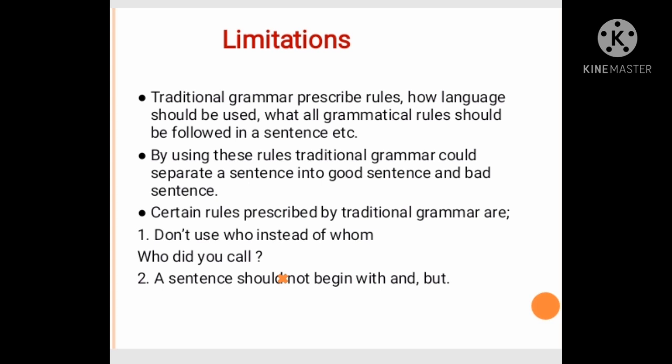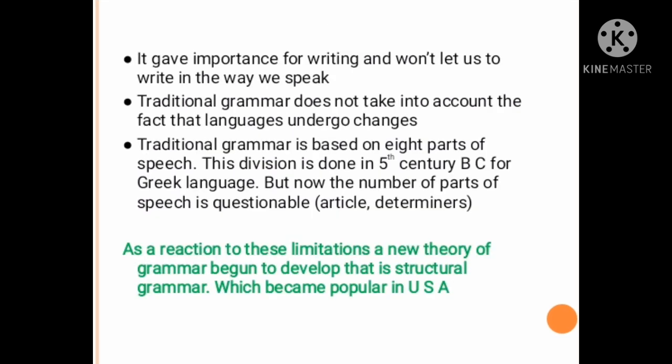The next limitation is that traditional grammarians prescribe rules. It separates sentences into good sentences and bad sentences. Next, traditional grammar gave importance only to writing and did not give any importance to speaking. The next one is that traditional grammar did not take into account the fact that languages undergo changes.